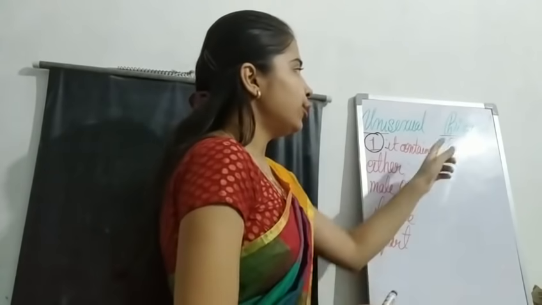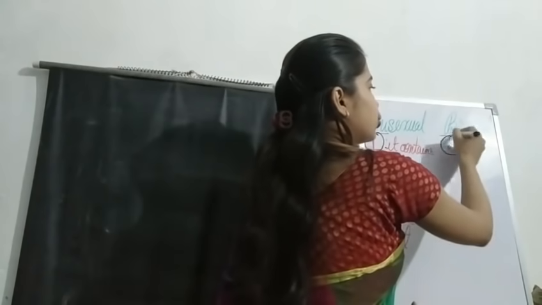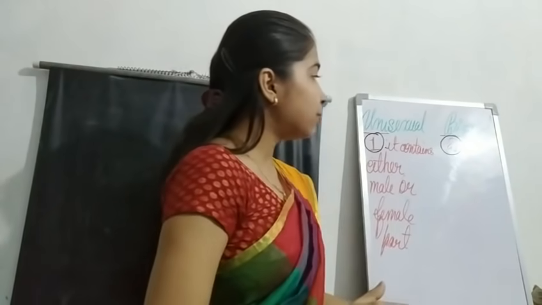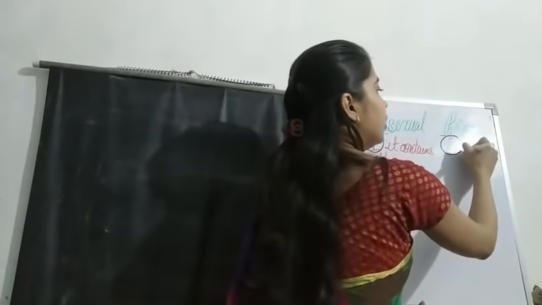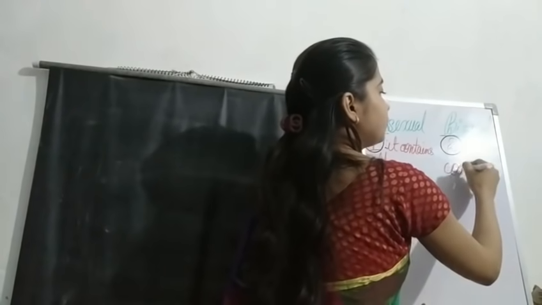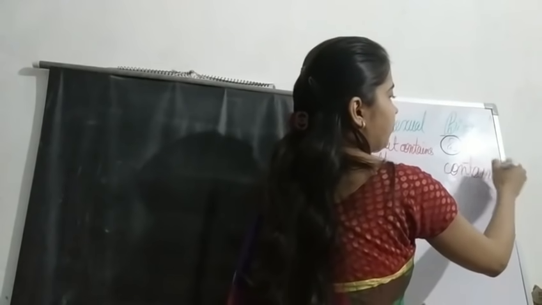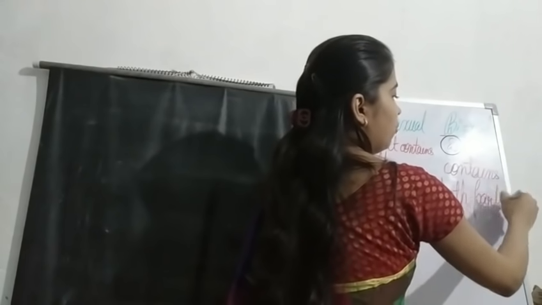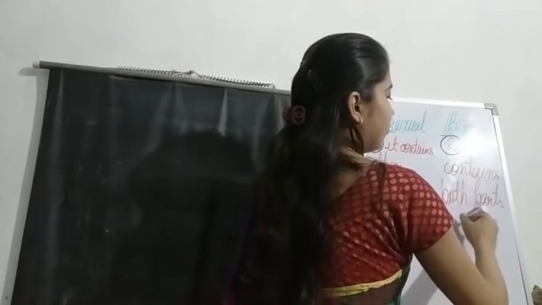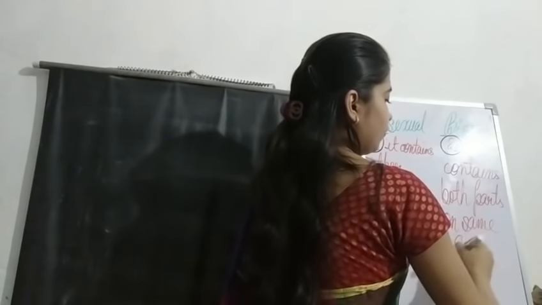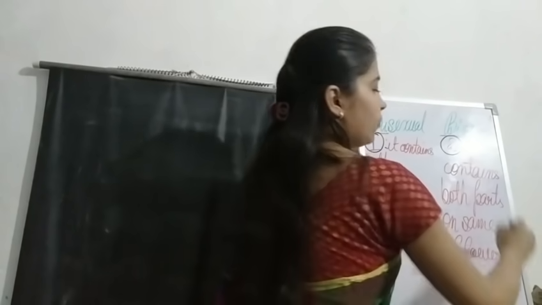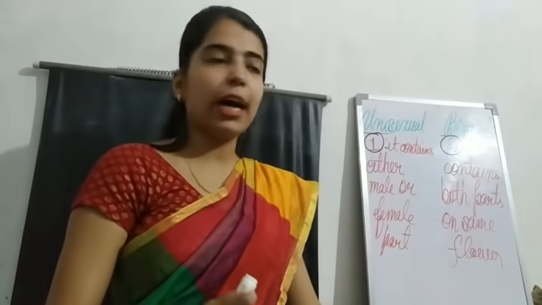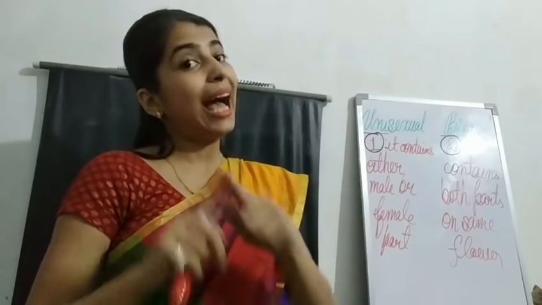Okay, now bisexual, as I told you, bi means two. That means this flower will contain both the parts on the same flower. Okay, on the same flower you will find both the male and the female part.